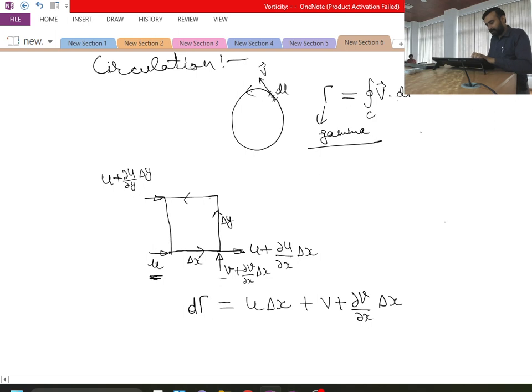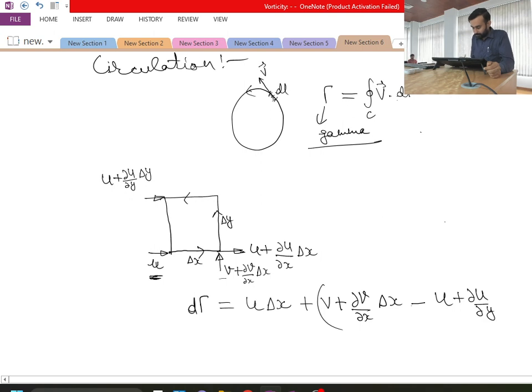Okay, so here this is the length vector and this is the velocity, so both are in opposite direction, so I will be putting a negative sign. So minus u plus del u by del y, sorry, along with this delta x I have to also put delta y.